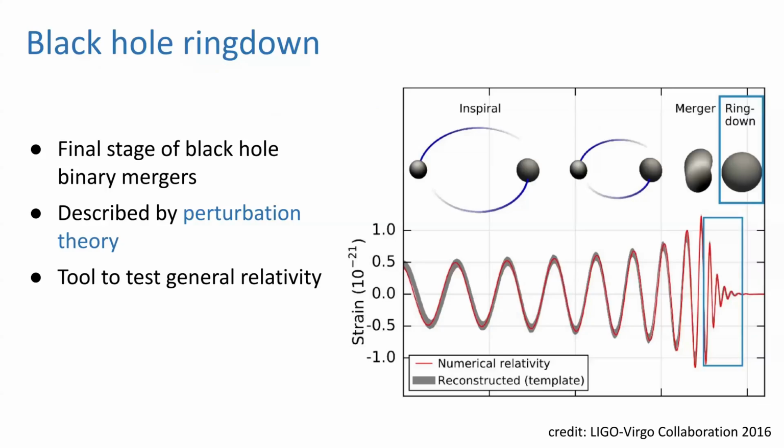The cool thing is that theoretically it's described by black hole perturbation theory, and due to its simplicity, it's a very good test of general relativity. So basically, it's the last part when the two black holes merge, then they relax to some stable configuration, and this relaxation throws energy away through gravitational waves, and these gravitational waves have a very characteristic damped sinusoid signal.